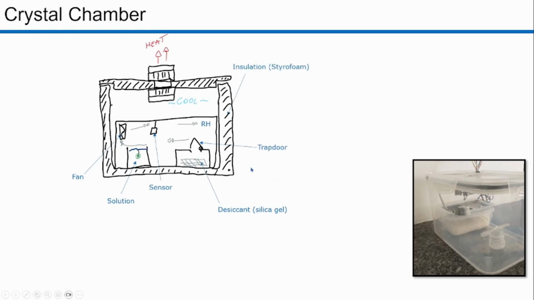For temperature control, I made an insulation chamber here. This is just a styrofoam box which serves as a temperature barrier, but we need to keep the inside cool. So I've used a Peltier element with some heat sinks and fans to cool down the inside of the chamber, pumping out the heat. All this is controlled by an Arduino unit, and that's why the sensors are positioned in various strategic places.